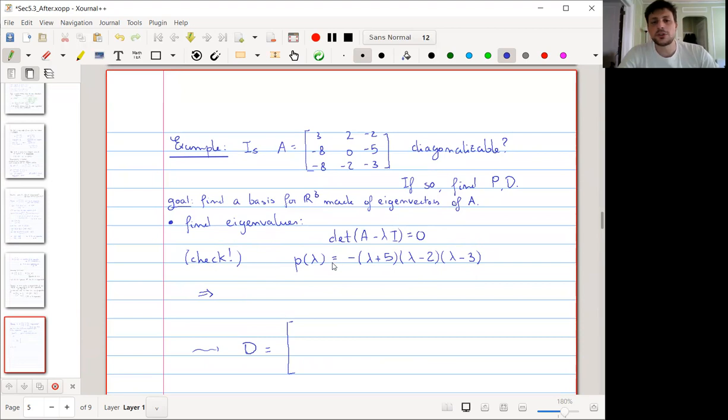If you do a few computations, which I encourage you to double check, you get that your characteristic polynomial, the determinant of A minus lambda I, is this polynomial here, so that we have 3 eigenvalues: -5, 2, and 3. So our diagonal matrix will have entries like so.